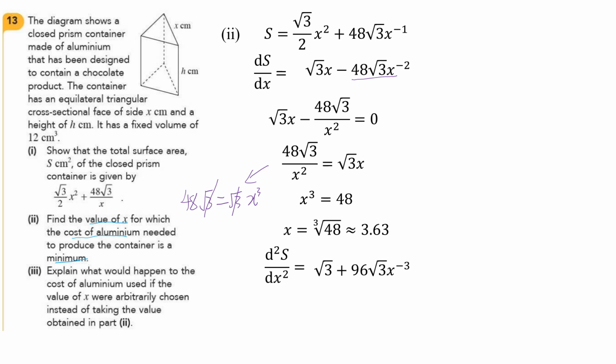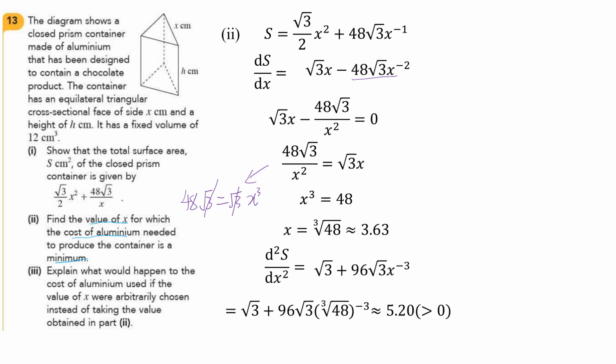Oh, I actually went on to show that it is a minimum. But I don't think we need to show it, because in this question you are just asked to find the value of x for which the cost of aluminum needed to produce a container is a minimum. But if you want to play safe, it's not difficult, just show the value of d squared S over dx squared to be a positive value.